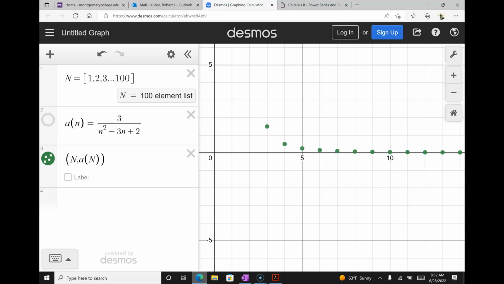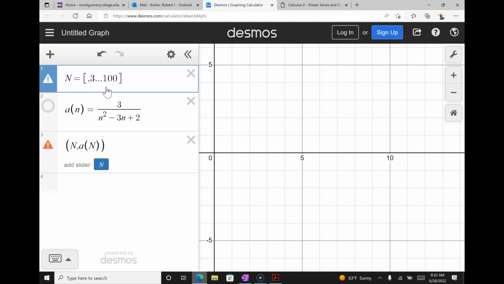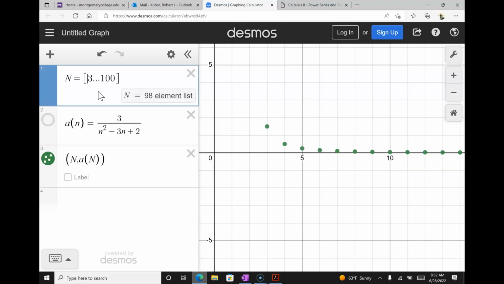So I can't use those first two elements. I can probably change my list to start at 3. Will it let me do it? Oh, get rid of the comma. Yeah, it did.